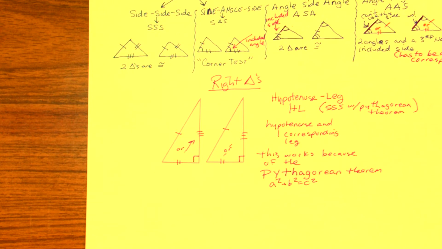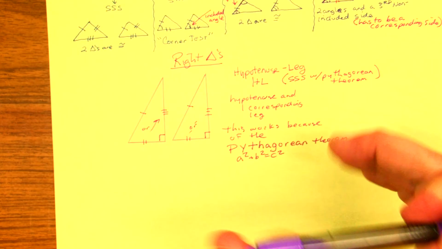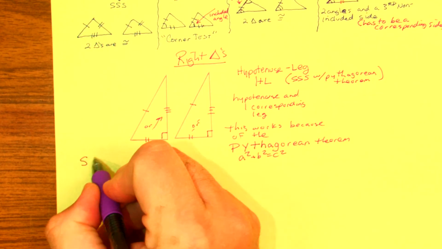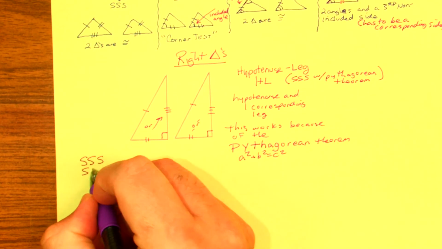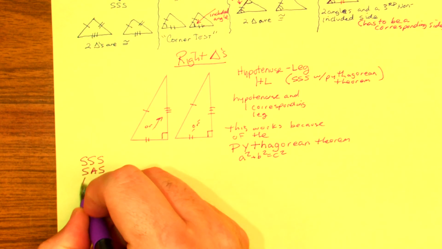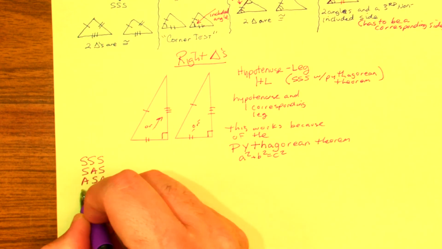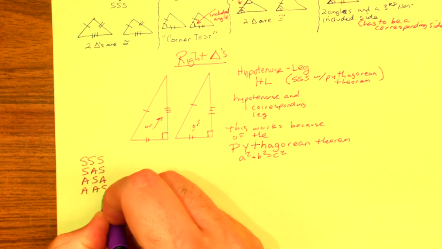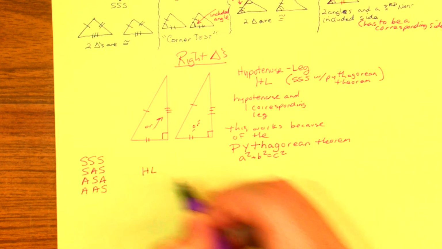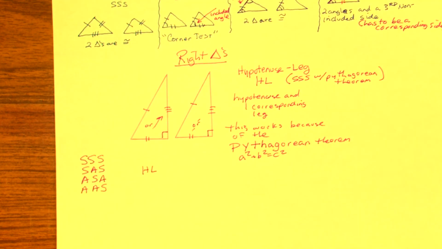All right, any questions about these 5 different tests? We have side, side, side, side, angle, side, angle, angle, side, and hypotenuse leg. And people are looking at this and seeing all sorts of different letters, and I'll just say this.